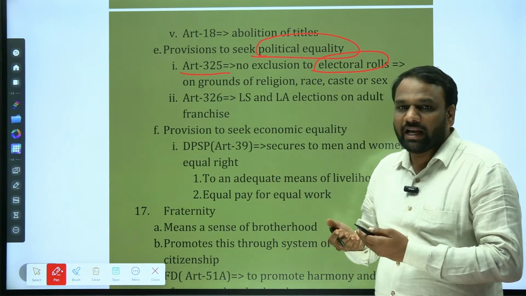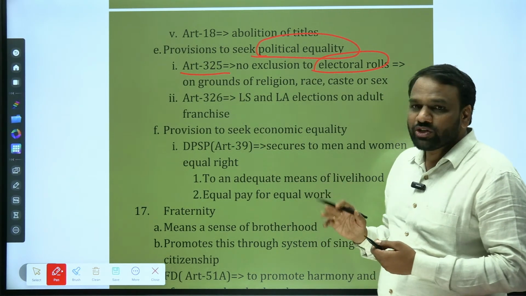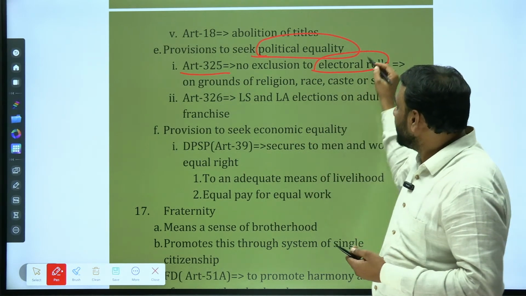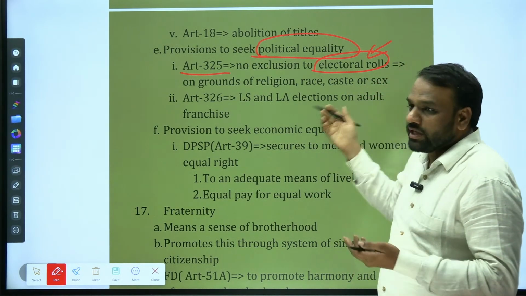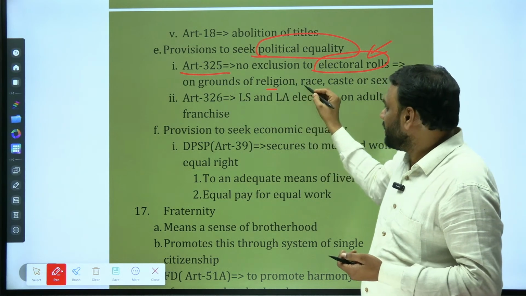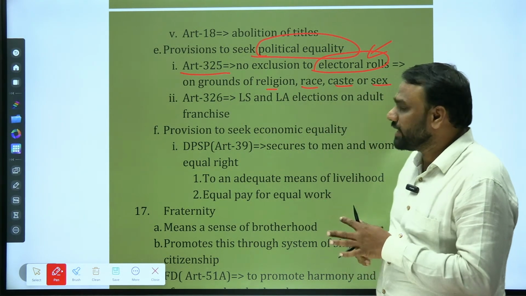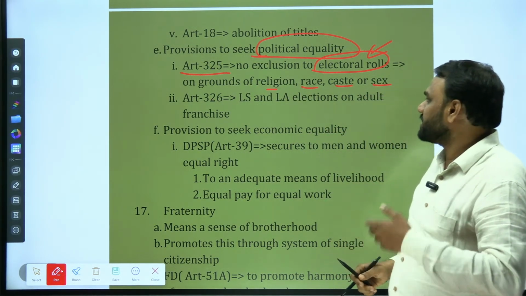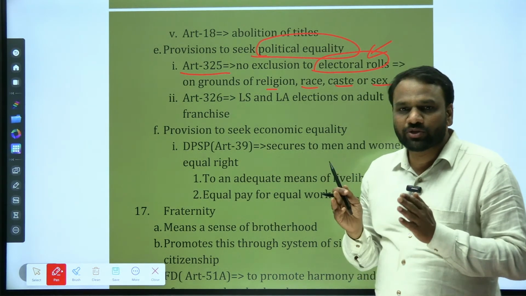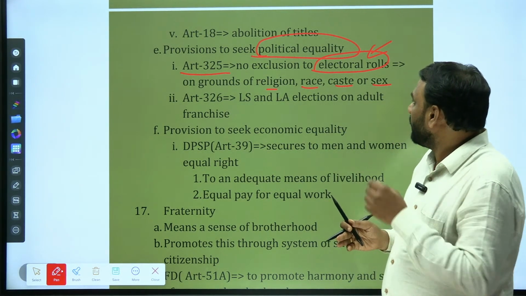No one should be denied admission into the electoral roll because of their religion, race, caste, or sex. Irrespective of these, everyone should get equal access to the electoral rolls.